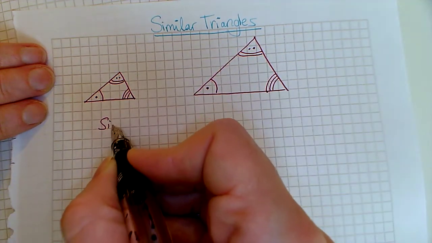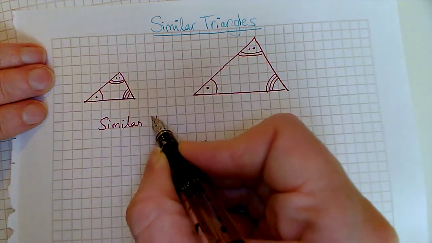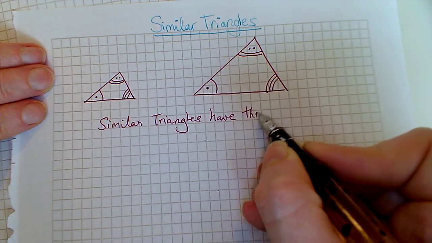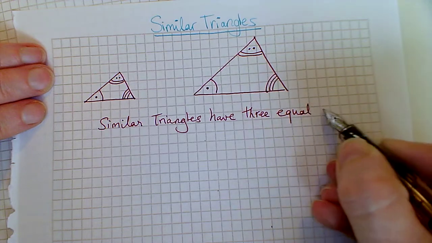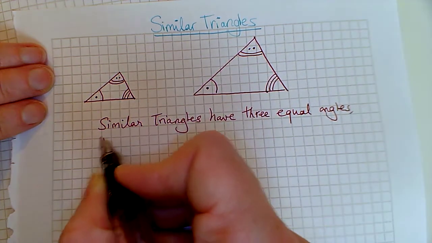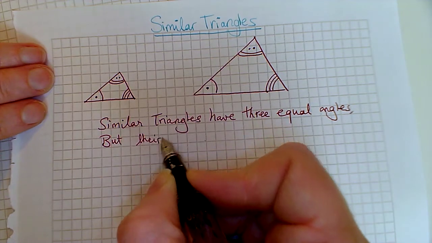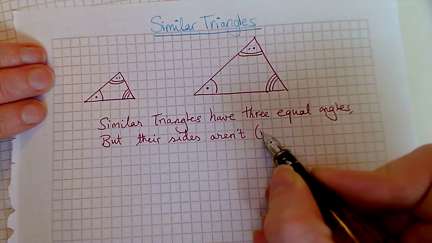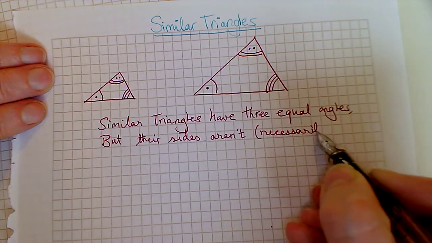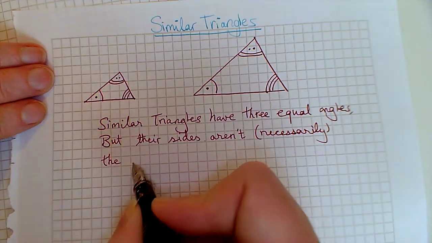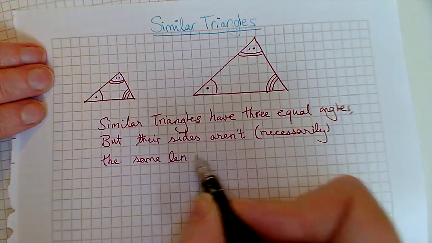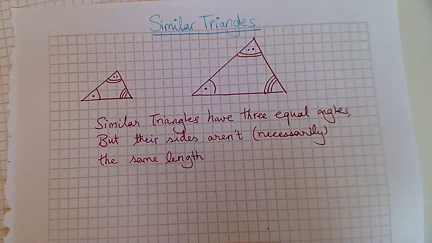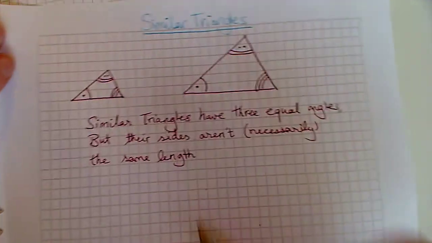So similar triangles have 3 equal angles, but their sides aren't necessarily, they might be, the same length. So if a pair of triangles are similar and they have the sides the same length, then they're called congruent triangles, which we talked about already.